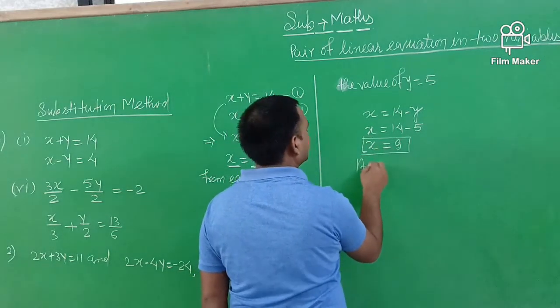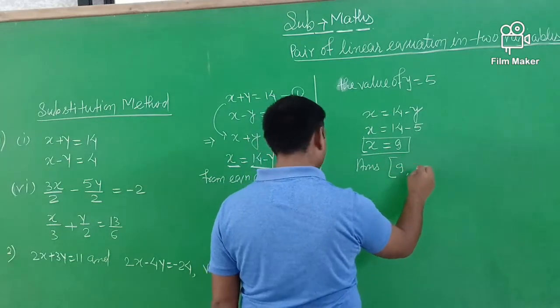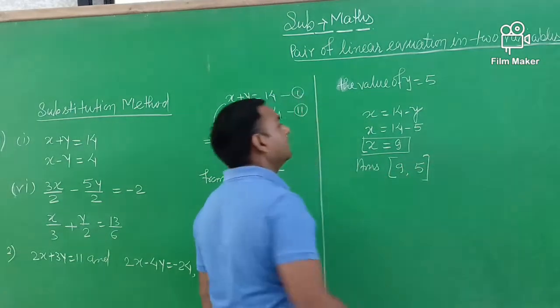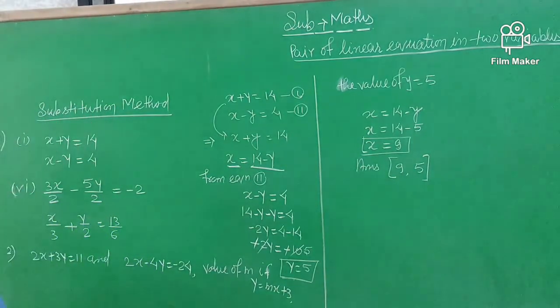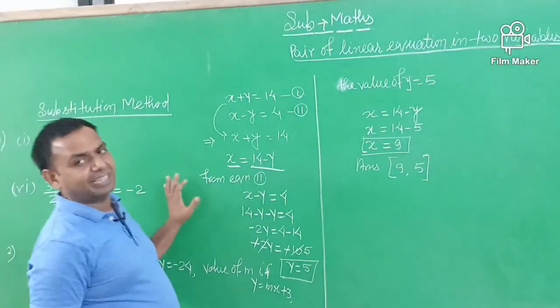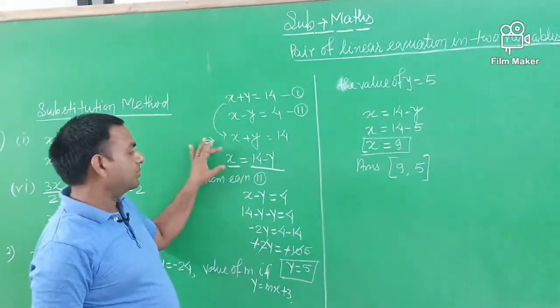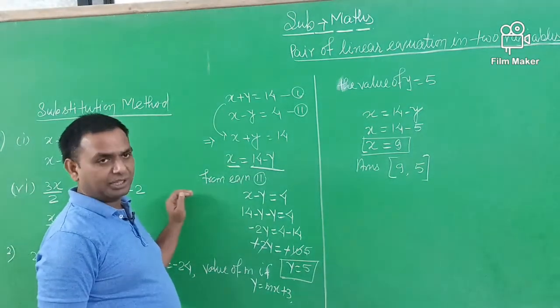So the answer is 9 and 5. So you apply the substitution method, you solve the equations. I repeat again, that you take the substitute of either x or y. Here I take the substitute of x is equal to 14 minus y and put it in another equation.